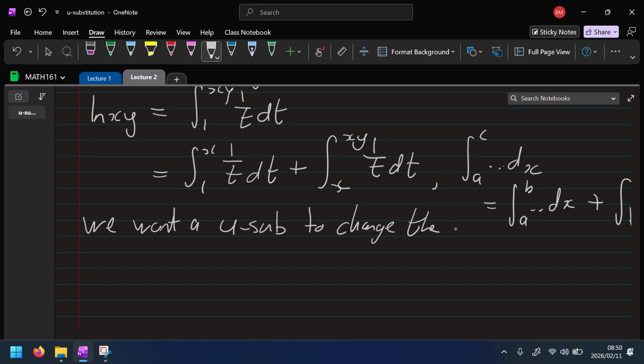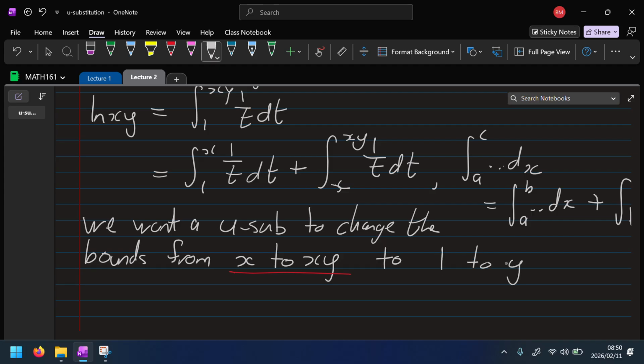To change the bounds from, okay, so we have the old bounds, x to xy. Put that in red. To 1 to y.